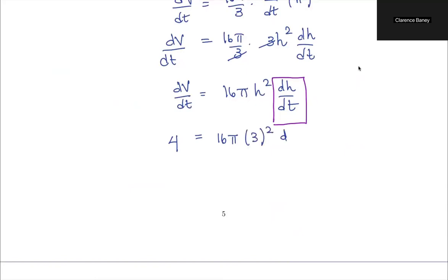And so our equation is going to be 4 is equal to 16 pi times 3 squared times dh/dt. So 4 will equal 16 pi times 9 dh/dt.